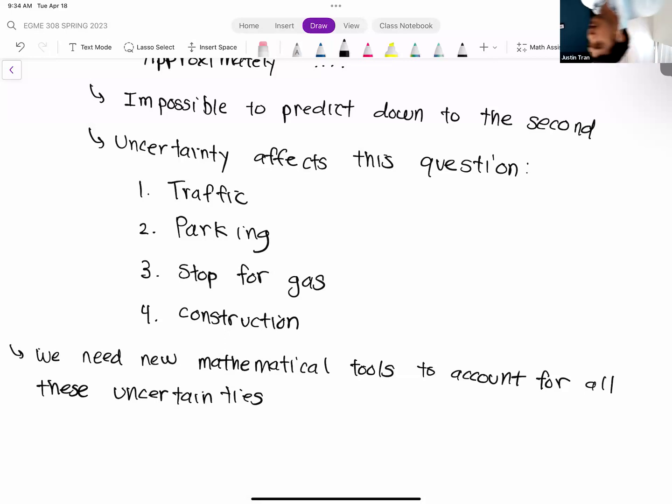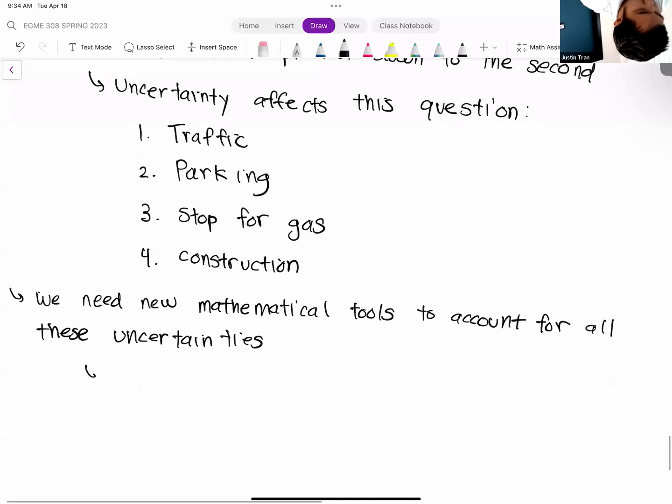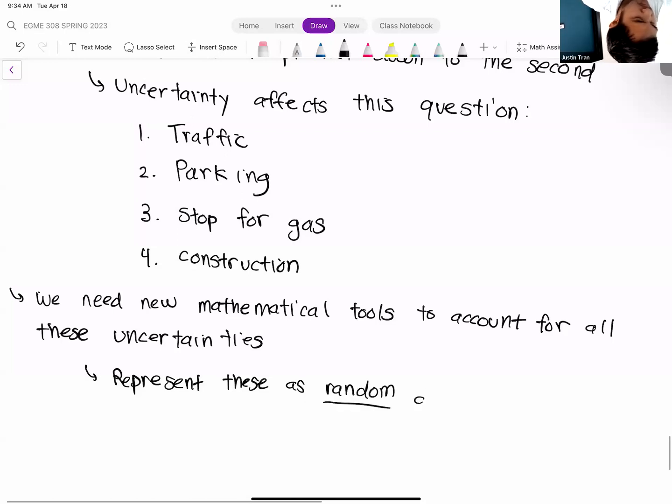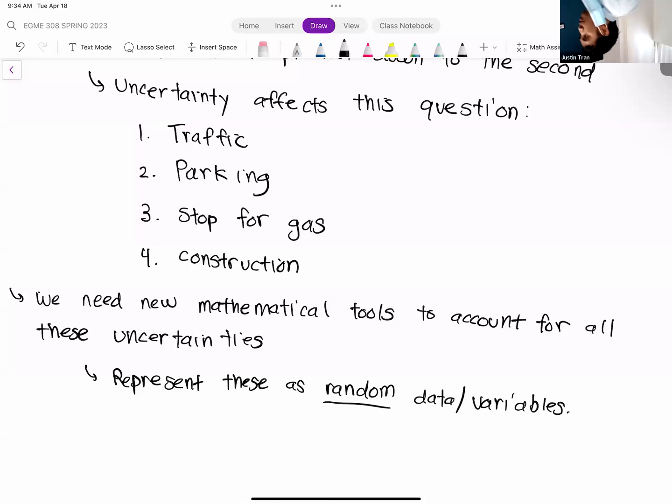And so the term that we use for this mathematically is random data or random variable. And I don't use random the way people normally do.